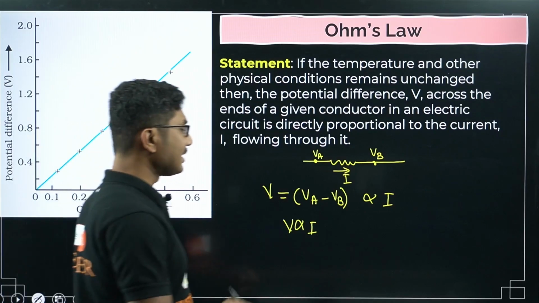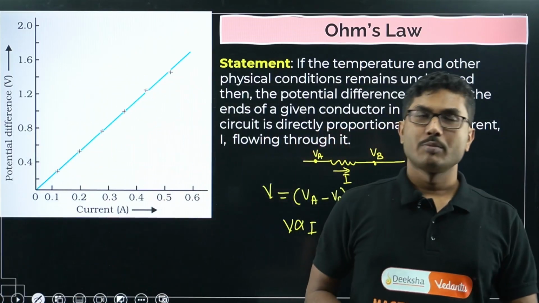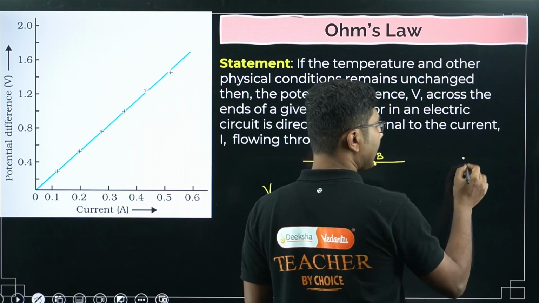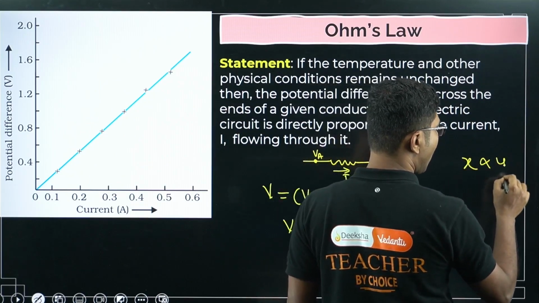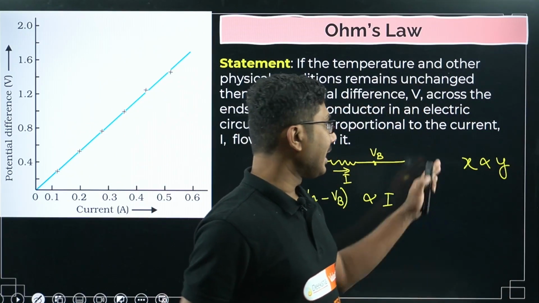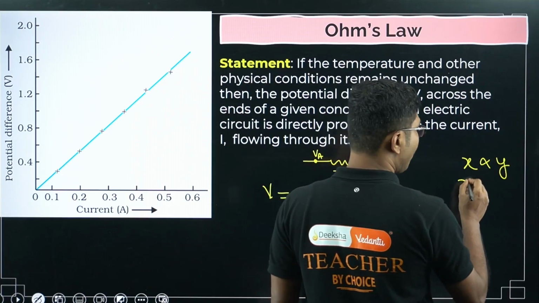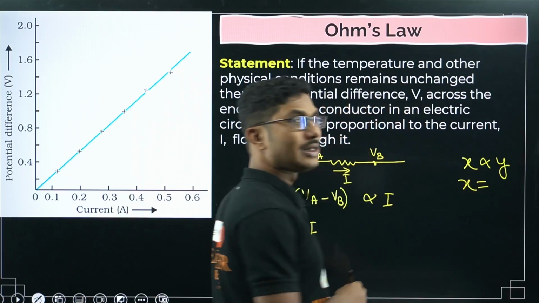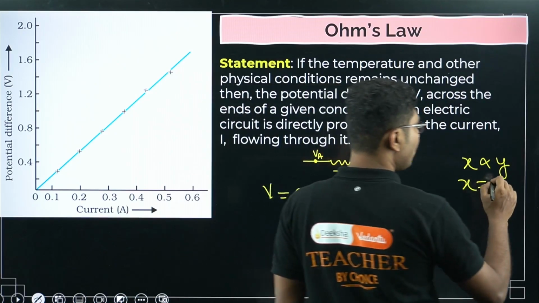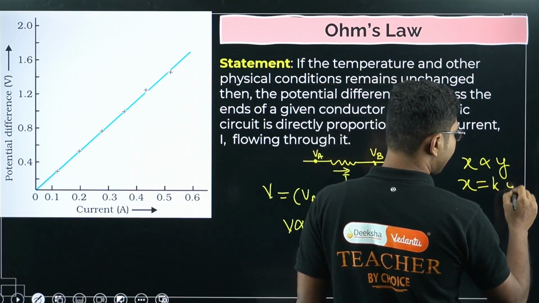What is the meaning of proportionality? I hope you have learned that if X is proportional to Y, that means they have a direct relationship. You can remove the proportionality symbol and use an equal sign. The only thing you have to do is multiply by a constant.